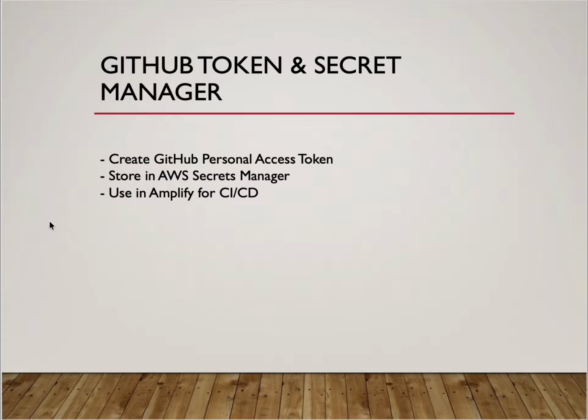Finally, generate a new classic token with access to repositories and workflows. You need to copy that token and store it in AWS Secrets Manager as a plain text secret, naming it whatever you like.